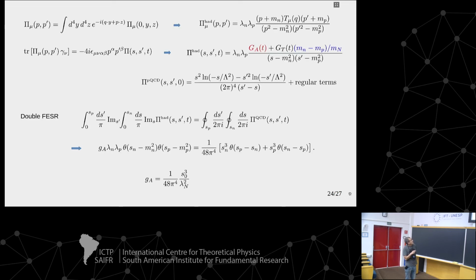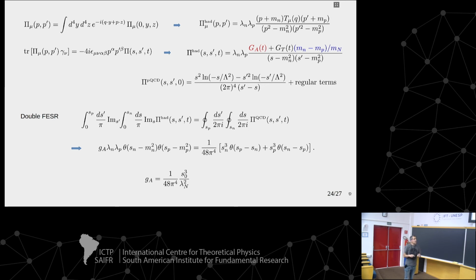After Fourier transformation, we try to find a way to keep only the axial part. Just making the trace multiplied by the gamma matrix, we can avoid this. Well, there's a double, finite energy sum rule, and we get this result.